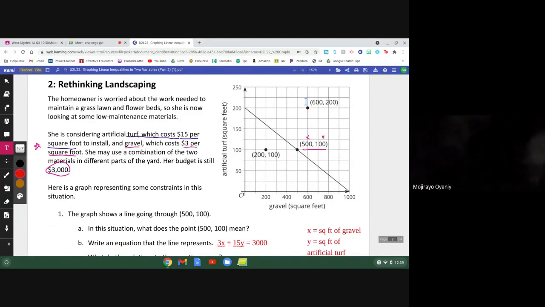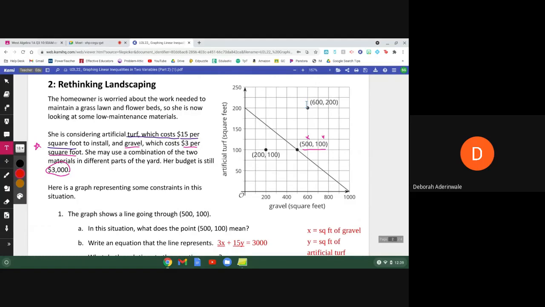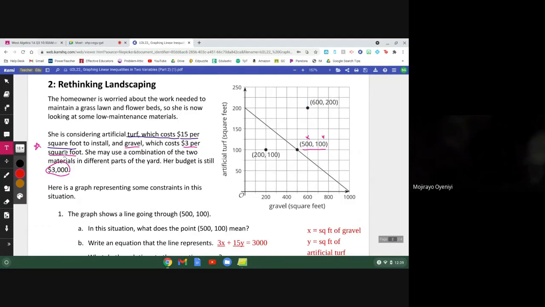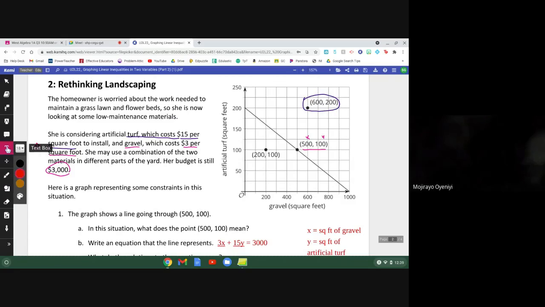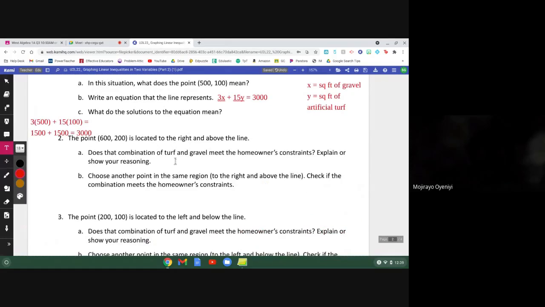Oh, the blue one. Oh, sorry. It is above 3,000, and when we have 600 and 200, that is above the budget. That's true. I was looking at a different one. So if we multiply 600 times 3 and we multiply, so it's above the budget.